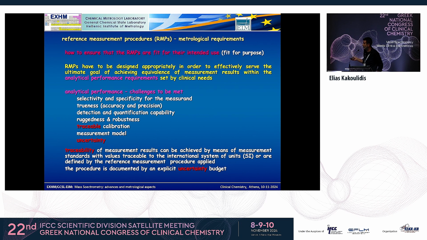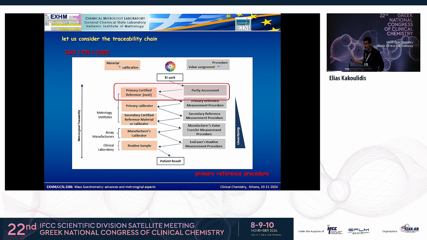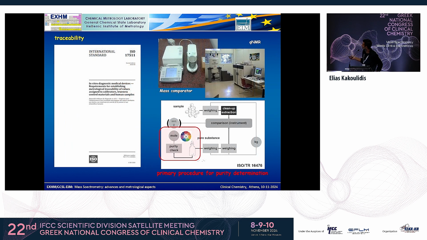We have to have traceable calibration. We need to know the measurement model and also to have an uncertainty budget. But we also need this for the primary calibrators. This is also where mass spectrometry plays an important role.